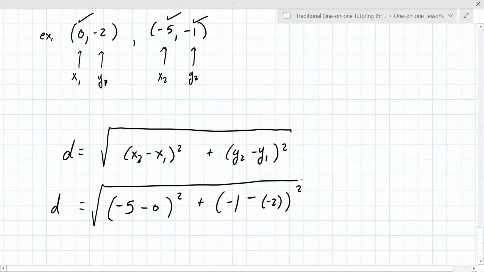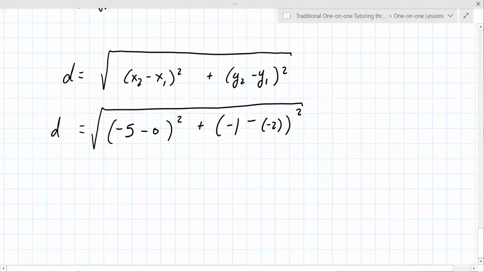So this now looks like a problem we've been doing over and over again. You first have to figure out what is minus 5 minus 0. Can you tell me that? Okay, so negative 5 minus 0. That's going to be 0, I would say. So when you're subtracting, there's 2 possibilities.